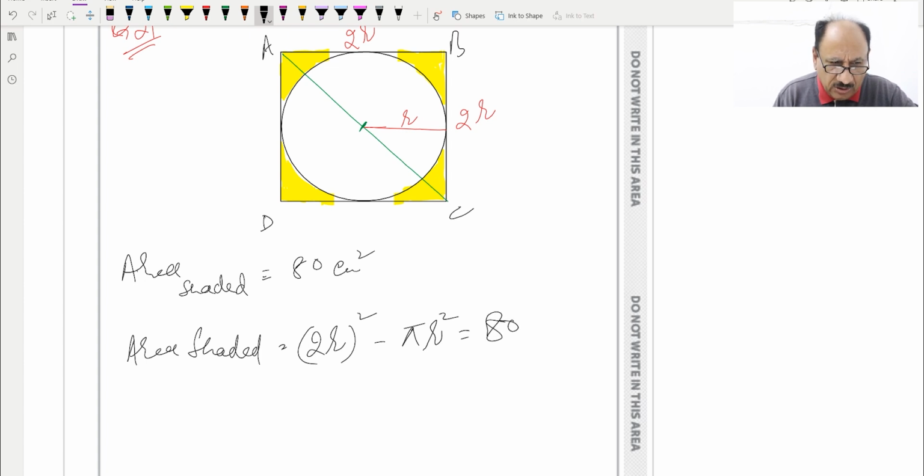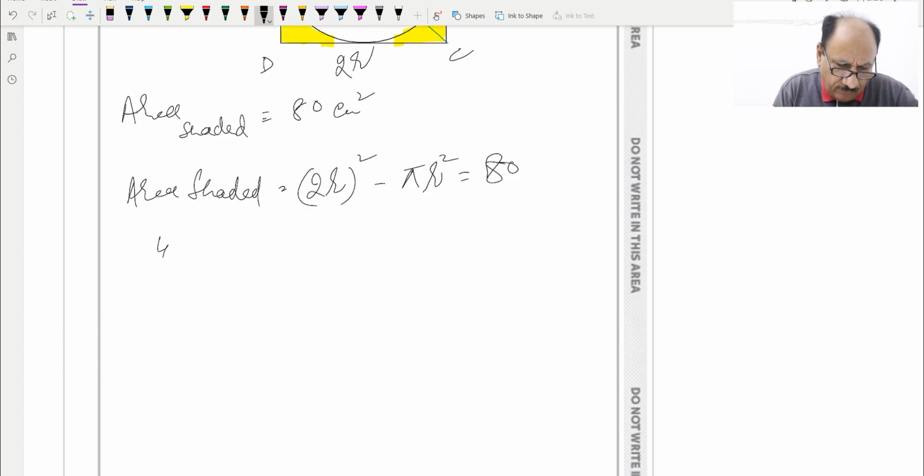So we open the bracket, this will be 4r square minus pi r square is equal to 80, and r square we can take common, so it will be r square times (4 minus pi) is equal to 80.